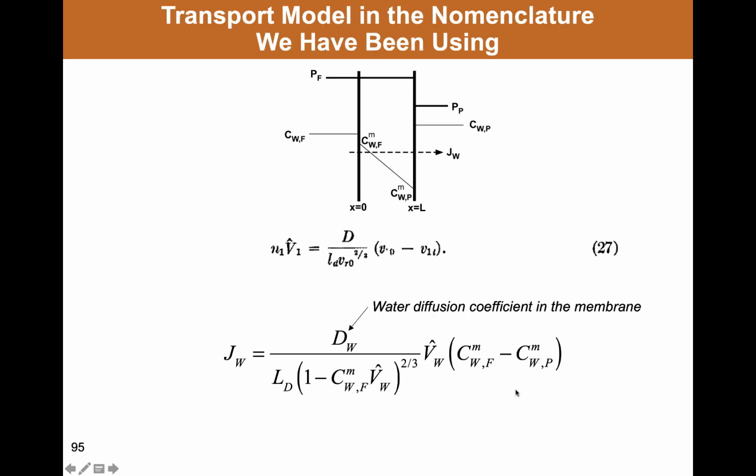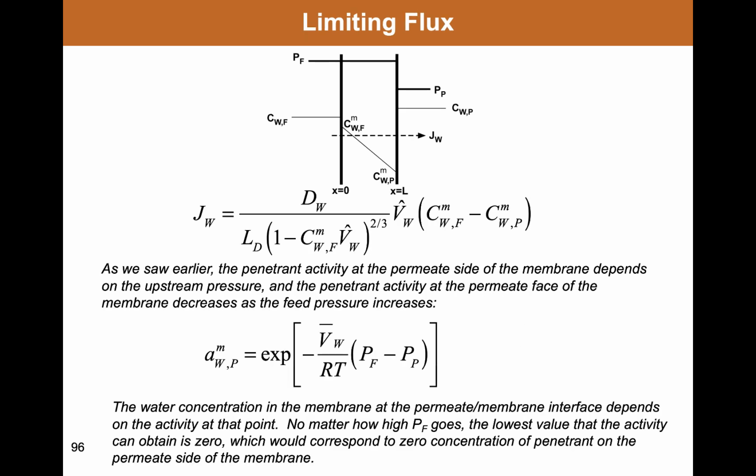And here's a relationship between the key equation for flux in Paul's nomenclature and in our nomenclature, so that we followed along his derivation, but I want to make sure you have this in our nomenclature as well.